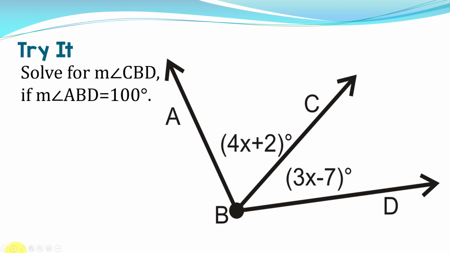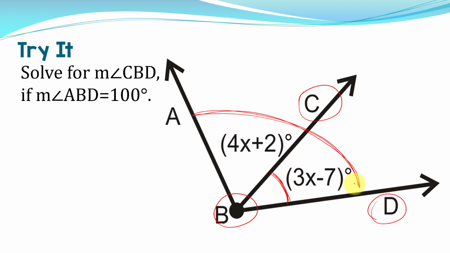Here's one, a little bit harder. We've got angle CBD, so find that, angle C to B to D. That means we're looking at this angle right here. And solve for that. If ABD, the whole thing is 100, so from A to B to D, so this angle is 100 degrees. All right, well, what can we do here?